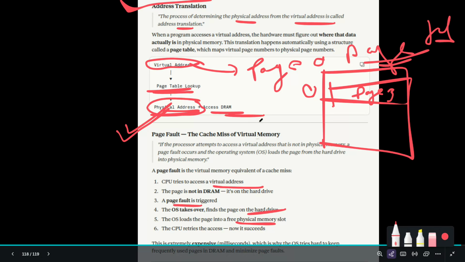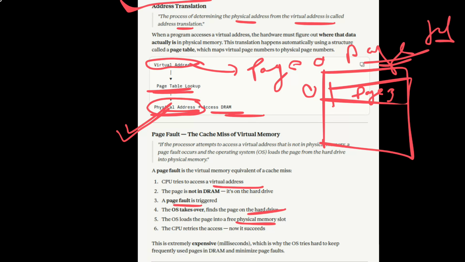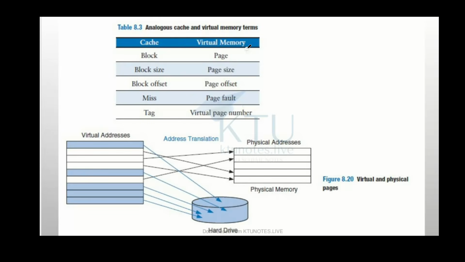Like that, if the page is not present in the DRAM, it will be there in the hard drive, so a page fault would happen. The OS would take over, find the page on the hard drive, and put it in a free physical memory slot. So now the CPU retries the access and it succeeds. So this is what a page fault means.